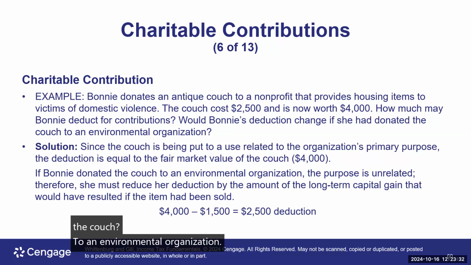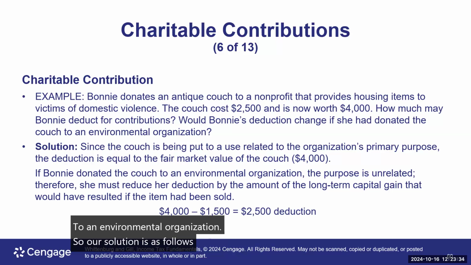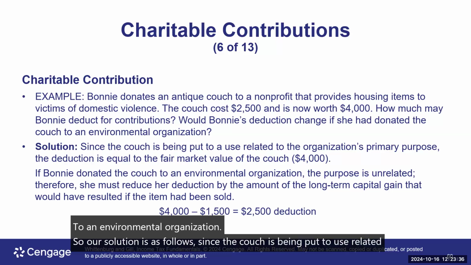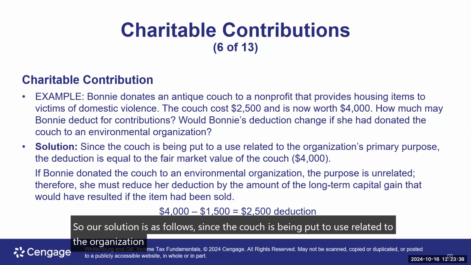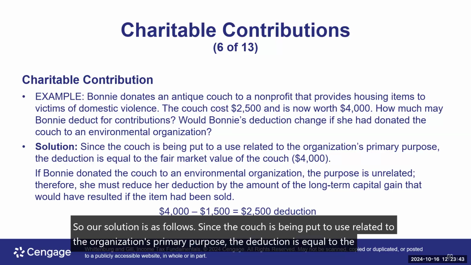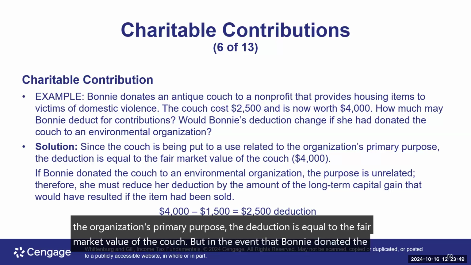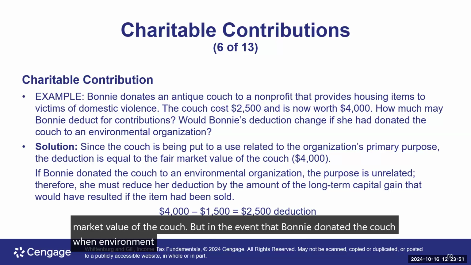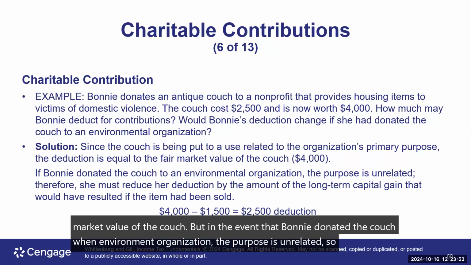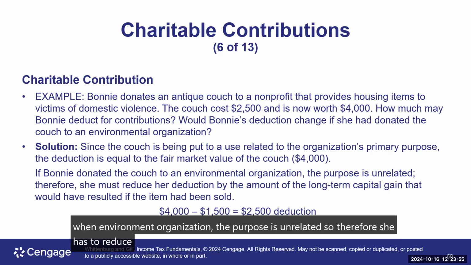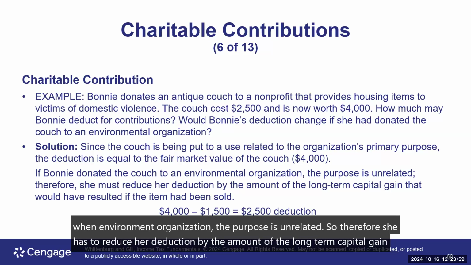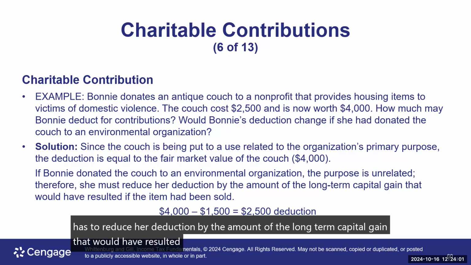So our solution is as follows. Since the couch is being put to use related to the organization's primary purpose, the deduction is equal to the fair market value of the couch. But in the event that Bonnie donated the couch to an environmental organization, the purpose is unrelated. So she has to reduce her deduction by the amount of the long-term capital gain that would have resulted if the item were sold.